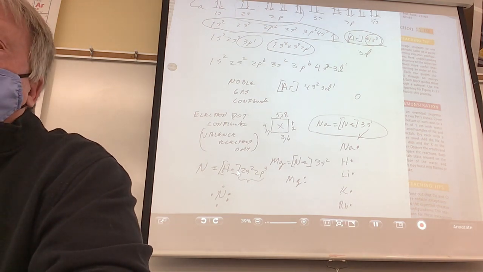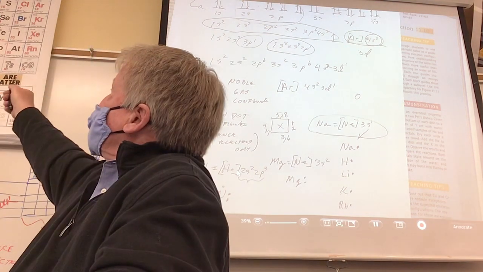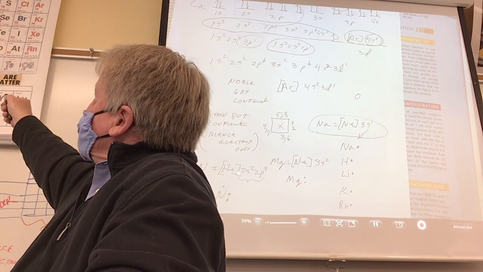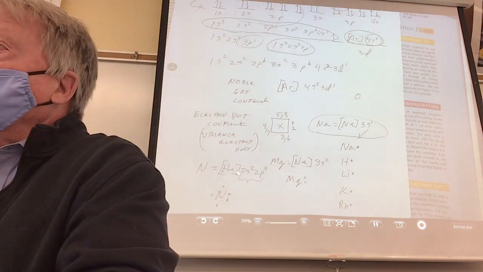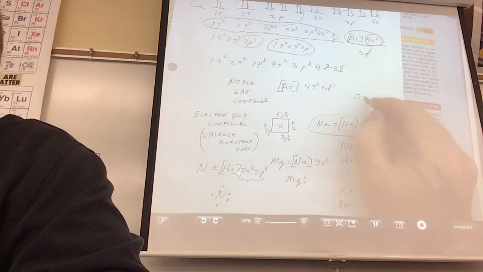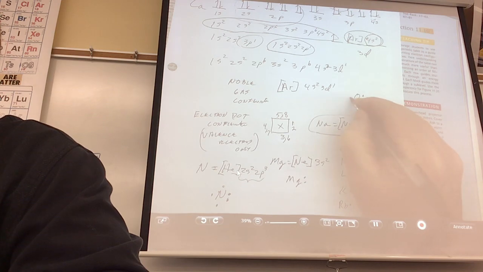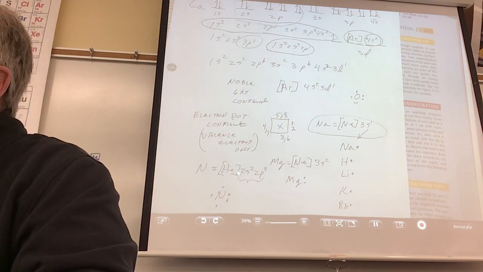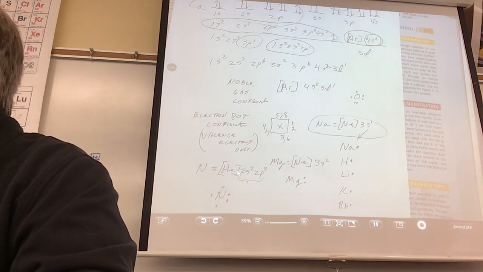Now, where are the 6 valence electrons? Oxygen is in period 2, so it must be 2s2 and 2p4. There they are. How do you do electron dot? 1, 2, 3, 4, 5. Oh, now I have to pair up. There you go. Is that pretty easy? Everybody in oxygen's column does it the same way.